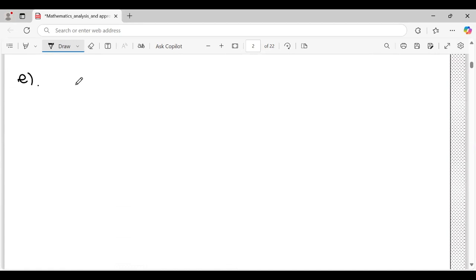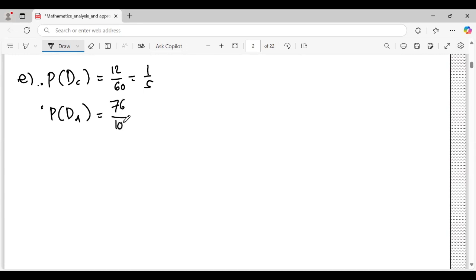So the probability that children prefer dark chocolate, probability of dark chocolate given children, is 12 over 60, which is 1/5. Next, the probability that an adult prefers dark chocolate is 76 over 100, which is 0.76.